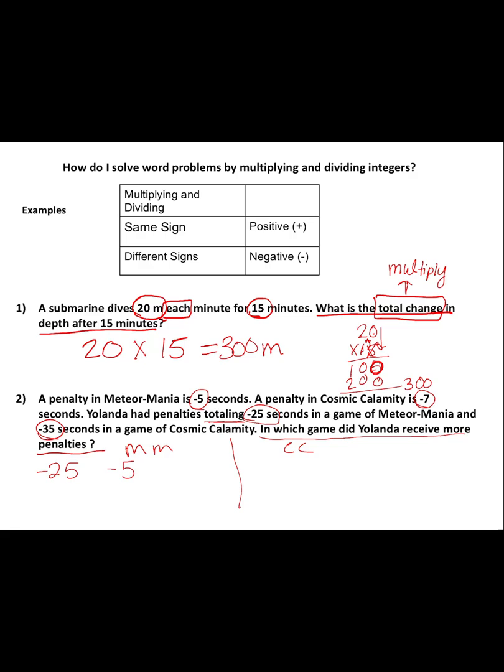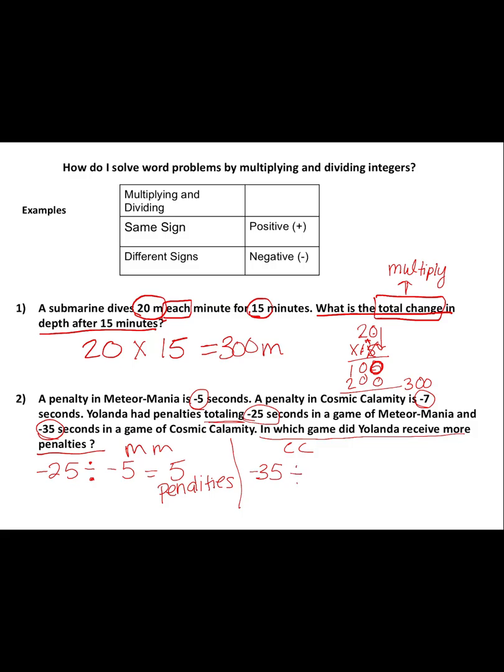So we're trying to find how many penalties she got, so we need to divide. A negative divided by a negative, your answer is going to be a positive. 25 divided by 5 is going to be 5. So she received 5 penalties for Meter Mania.